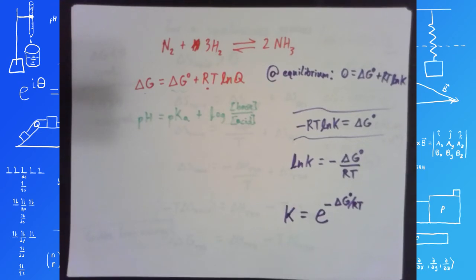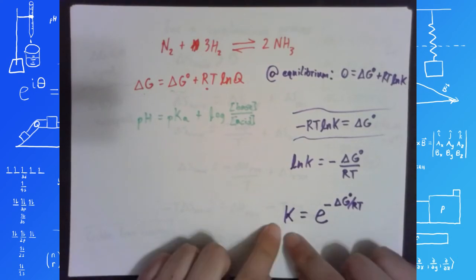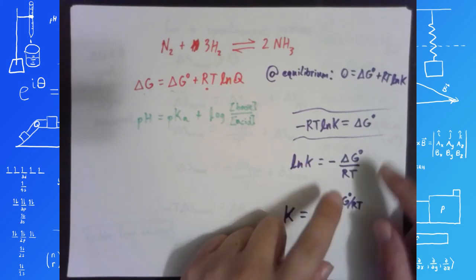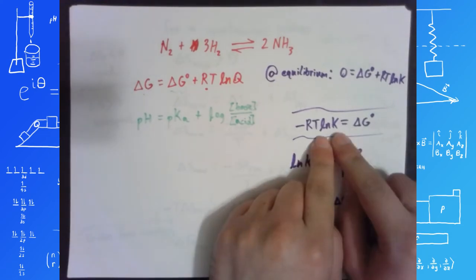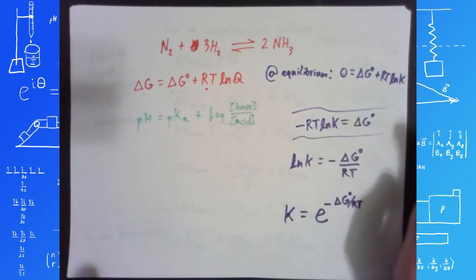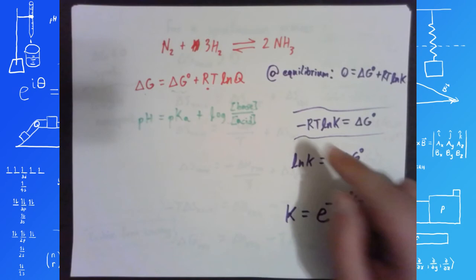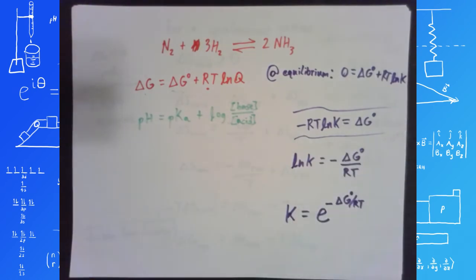All right, so that's how you would calculate the equilibrium constant if you know the delta G standard, and how you would calculate delta G standard if you knew the equilibrium constant. Typically delta G is going to be in kilojoules per mole, so R is going to have to be in kilojoules per mole Kelvin. I know I stated that before, but it doesn't hurt to reiterate.